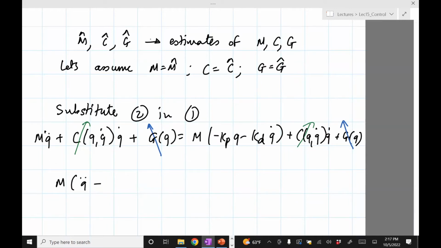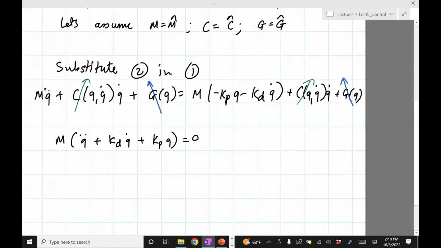You would have m times q double dot plus kd q dot plus kp q equals 0. And since m is not equal to 0, we can safely say that q double dot plus kd q dot plus kp q equals 0.